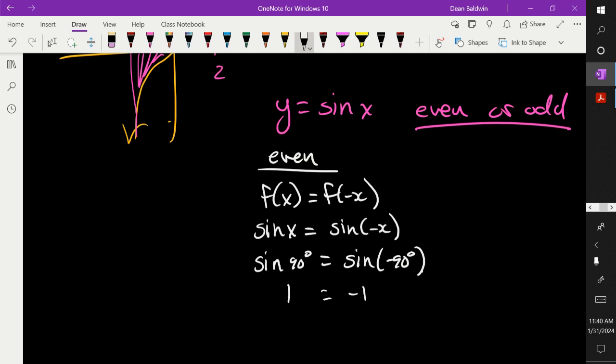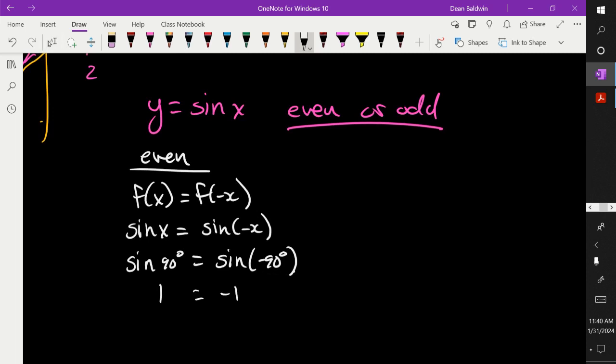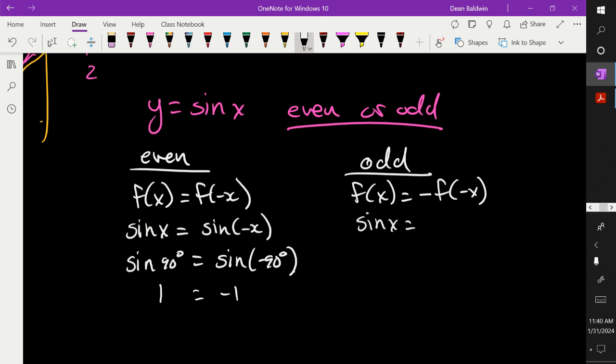Okay, let's test if it's odd. That means f of x is equal to negative f of negative x. We can do the same angle. So that means sine of x is equal to negative sine of negative x, which means if we do 90, sine of 90 is equal to negative sine of negative 90.